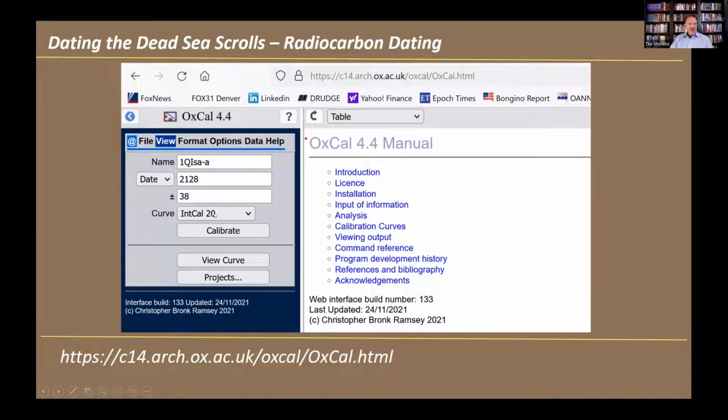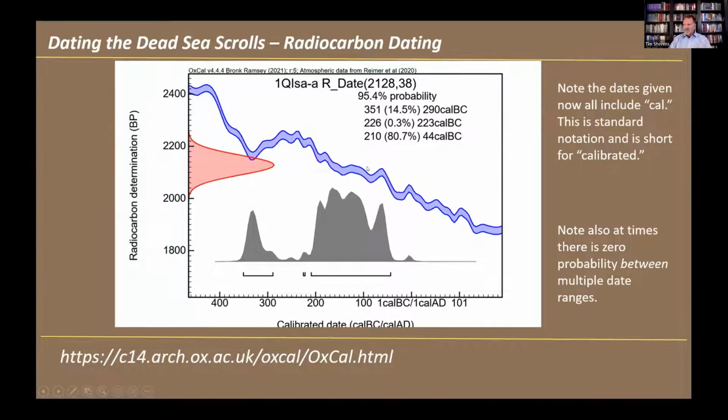And notice I'm using the calibration curve from 2020. When we do this and we calibrate, we get a curve that looks like this, which we looked at at the beginning of the section. Now, when you look at this bell curve here on the side, this corresponds to the raw carbon date that was given of like 2138 plus or minus 32 years.